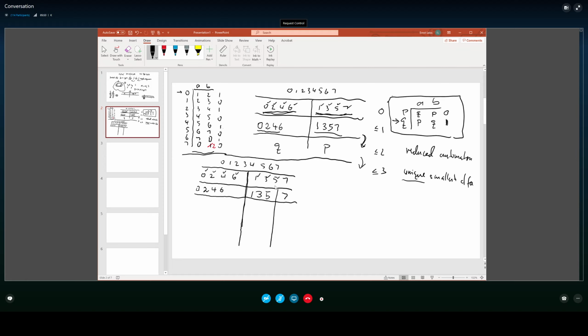I have 5 and 7. Under B is 7 and 2 is here, and 7 is here, and therefore 5 and 7 cannot be kept together. And now, of course, I have a problem because this equivalence class is different from that equivalence class.